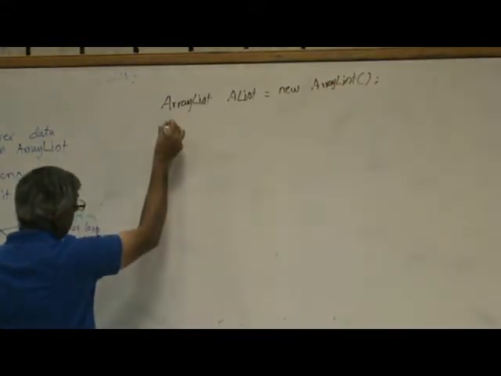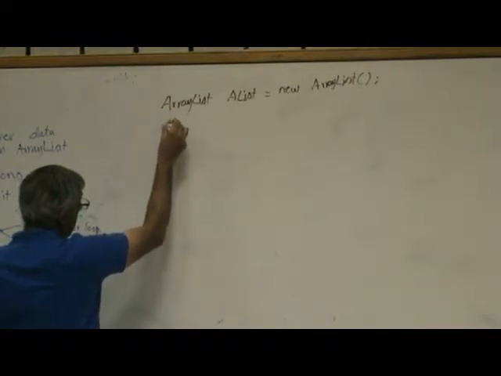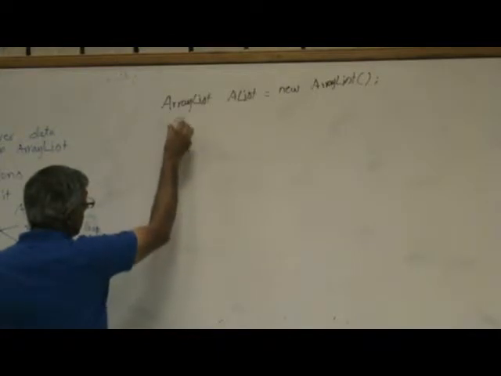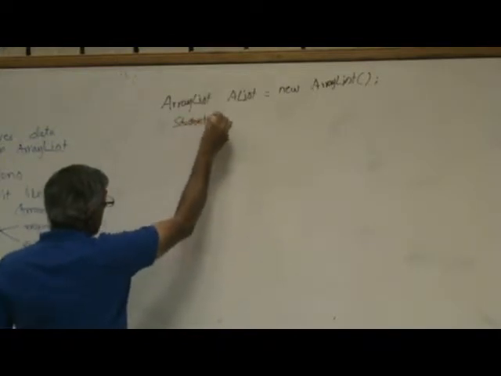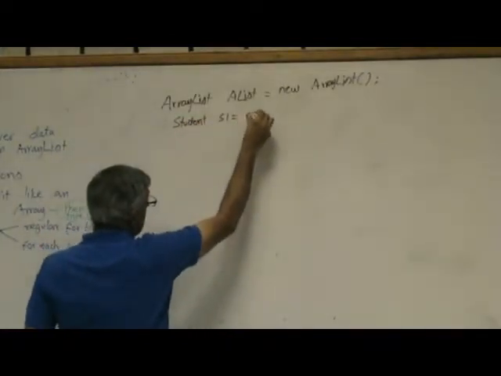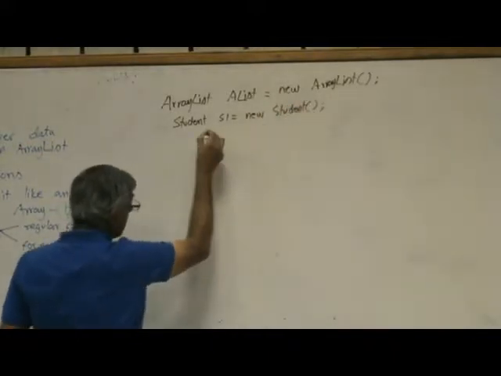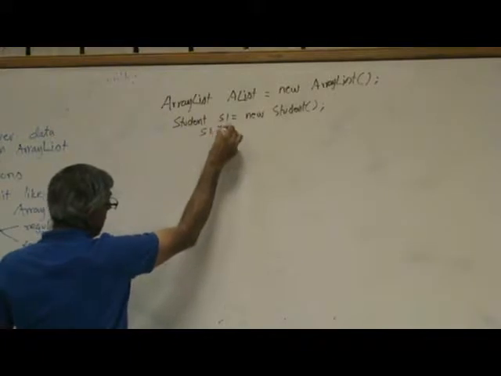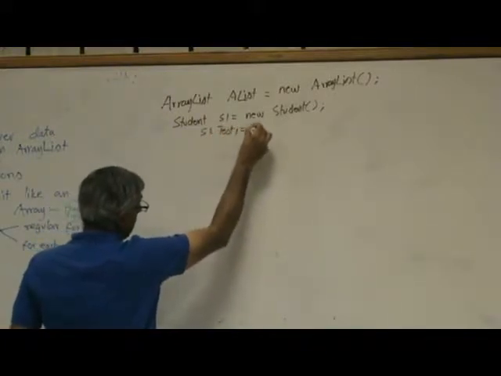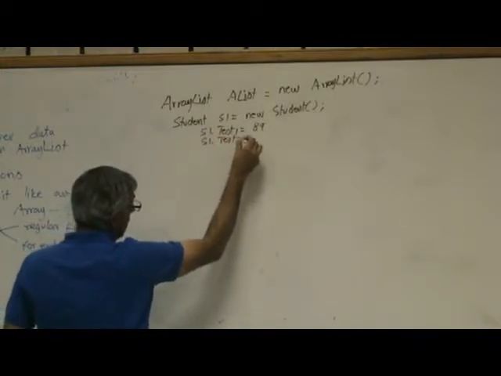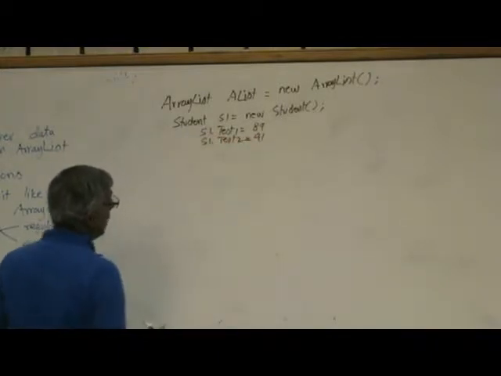Then we say, let's create a student. Student S1 equal to new student. And suppose we set test1 equal to 89, test2 equal to 91.